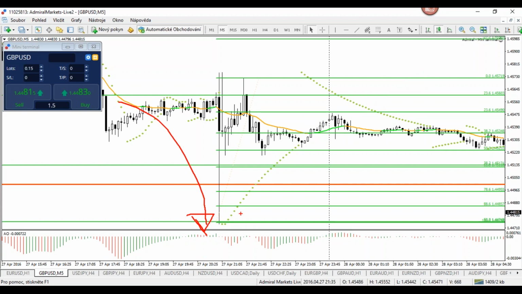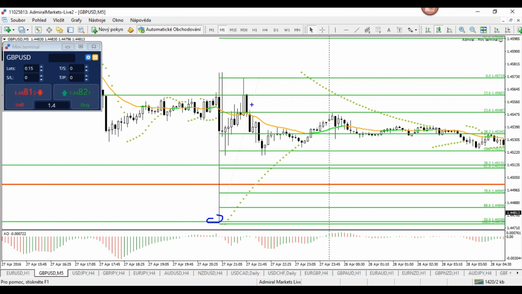Once I get a reaction here and I see failure to continue by 5 to 6 candles not breaking this low, I place a fib from this bottom to this top. And I look for a reaction to the 50, 61.8 fib. Depends, either I scale in or I see which one has the most confluence.